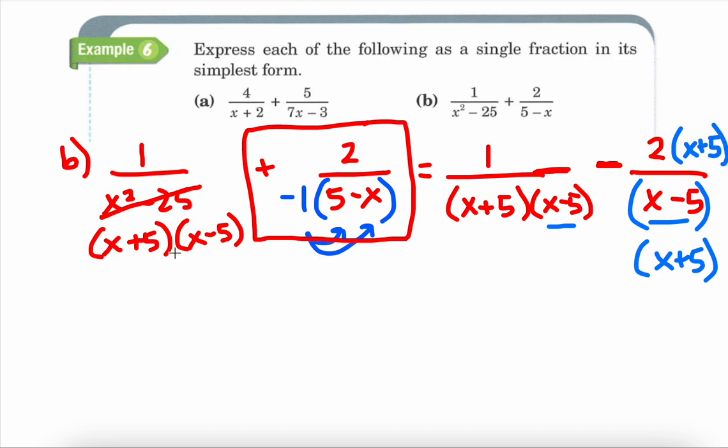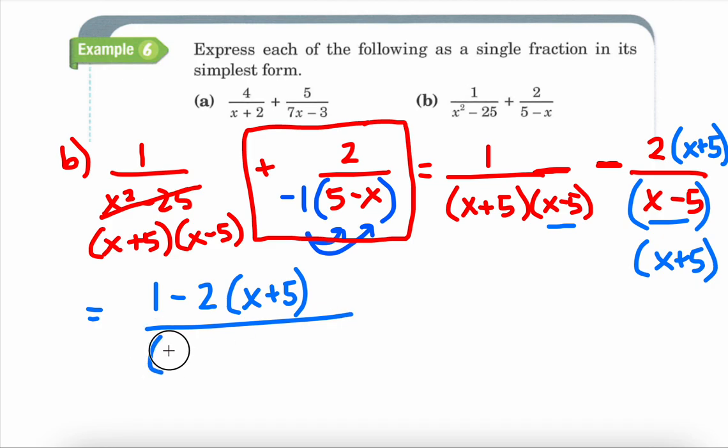Okay, so then now I get 1 minus 2 times x plus 5 over, now they will both have the same common denominator, which is x plus 5 times x minus 5, because that's what this one was lacking, the x plus 5, which we fixed.